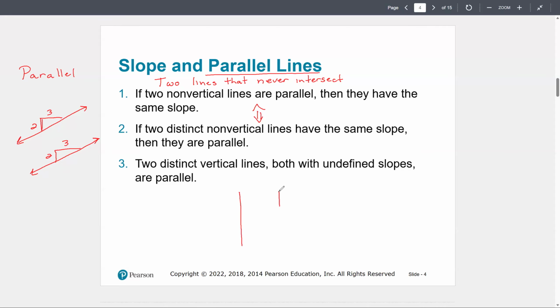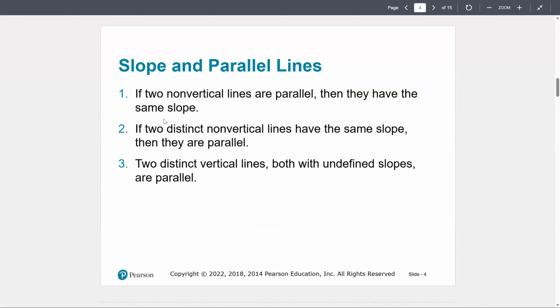So essentially all vertical lines are parallel to each other. It's mostly the second statement here that we're really going to use going forward.